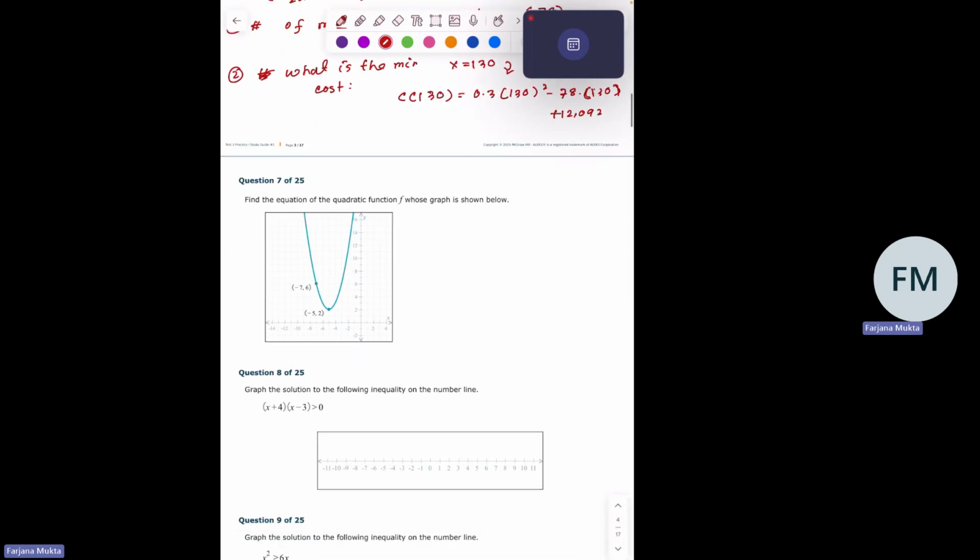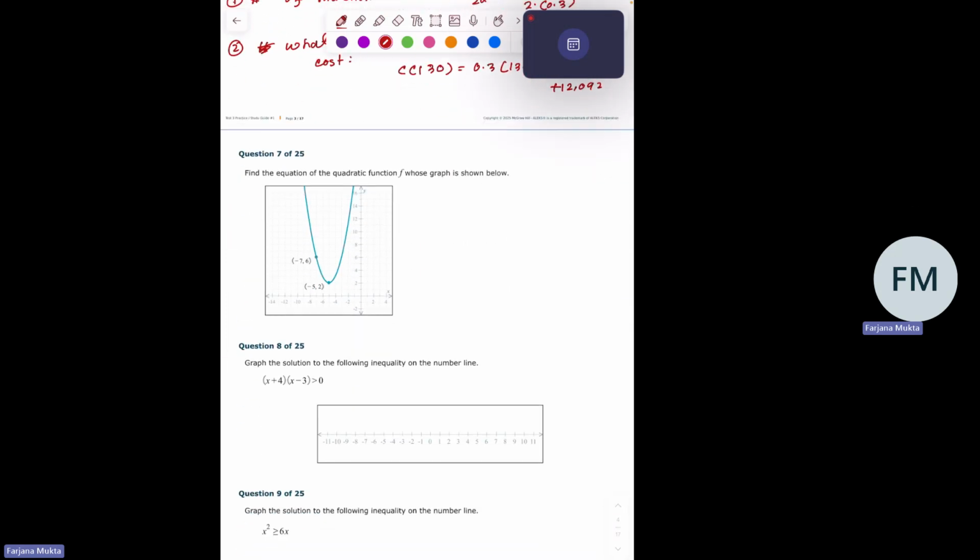Perfect. Next question: find the equation of the quadratic function for the graph shown below. Notice that our vertex is (-5, 2). Our other point is (-7, 6). What do we use? We use the vertex form of the parabola, right?